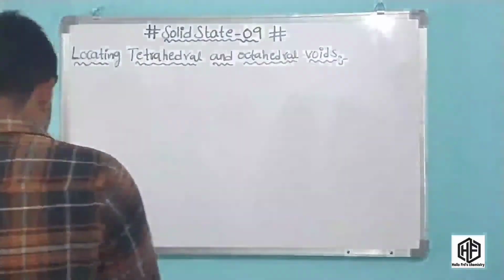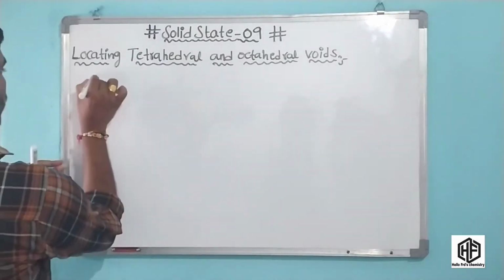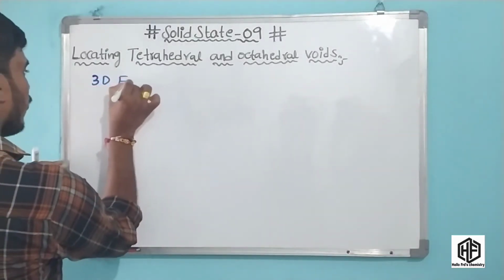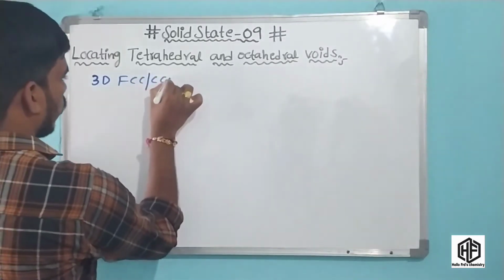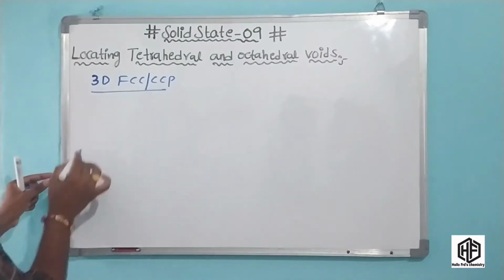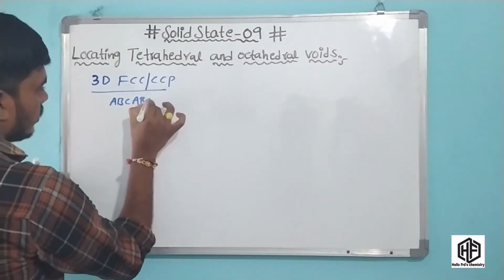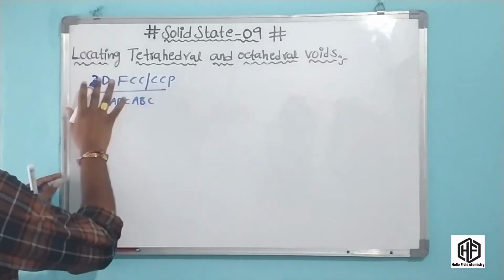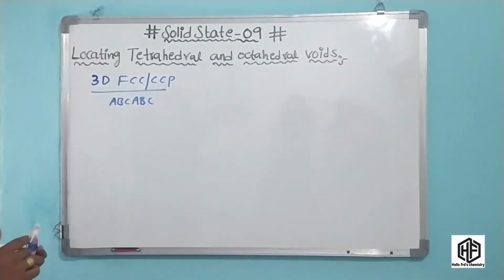You know that in my previous video I discussed the three-dimensional face-centered cubic closed packing. This face-centered cubic closed packing is of the ABC type, which I represented in my earlier video.